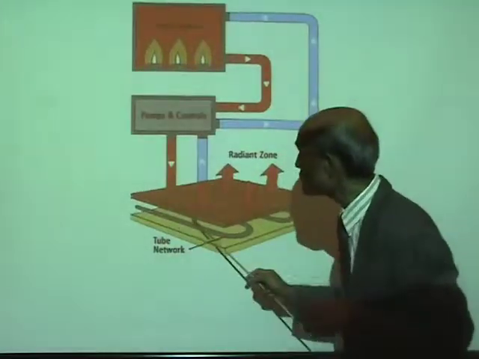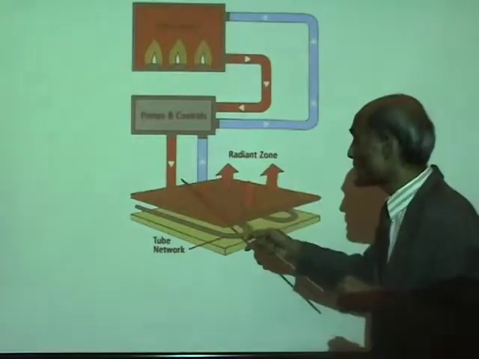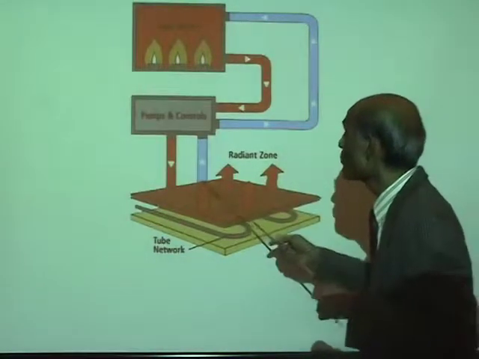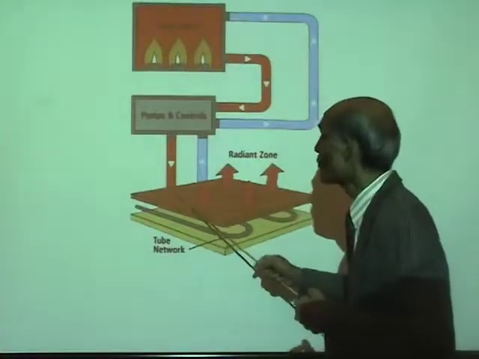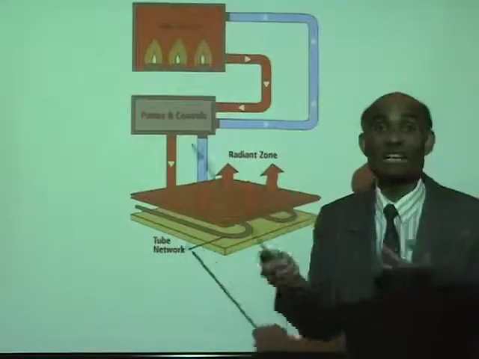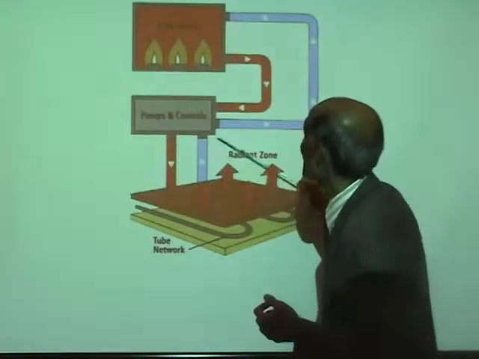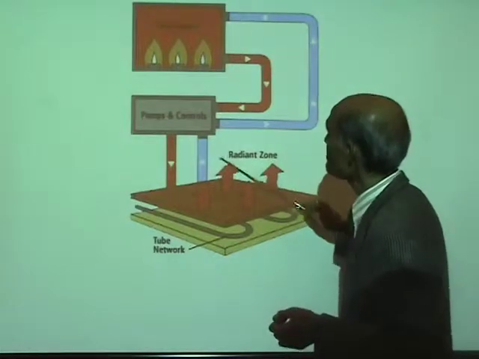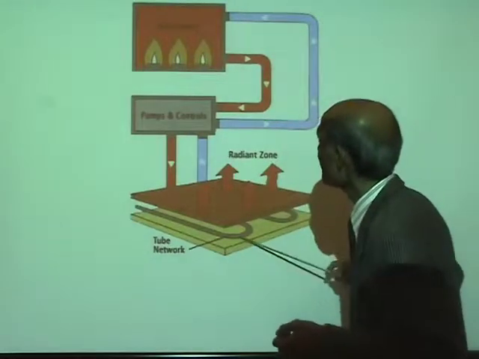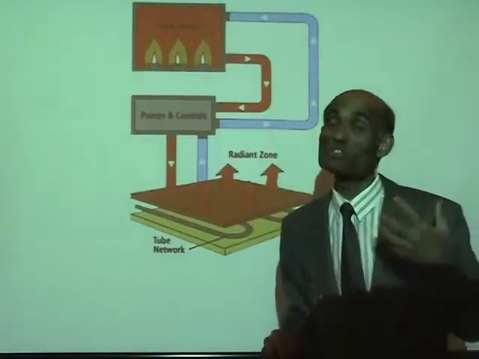And have you seen this kind of heating? There are tubes that run down the floor that take up the heat. That means the floorboard gets heated and the heat is radiated out into the room. That's the radiant zone. That is a very common way of heating these days.